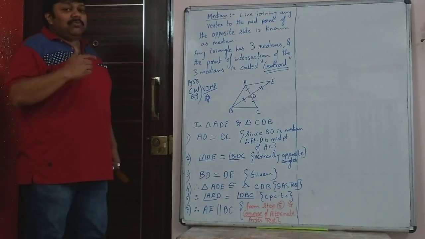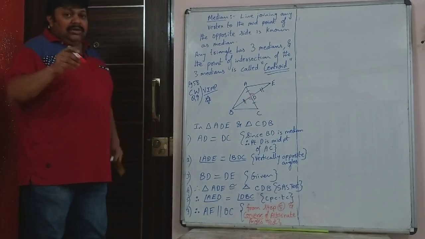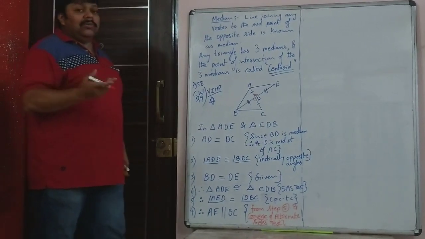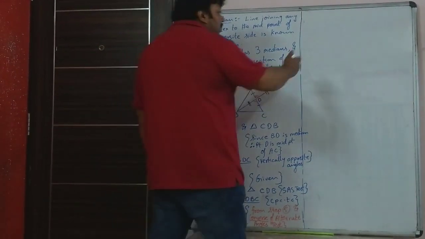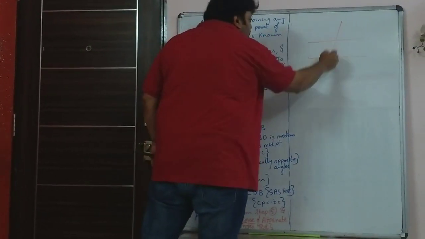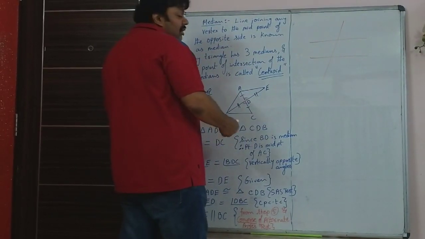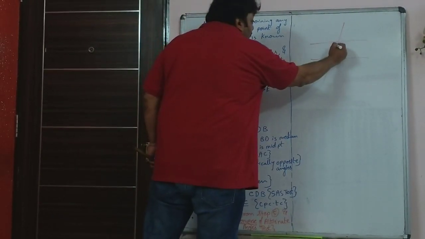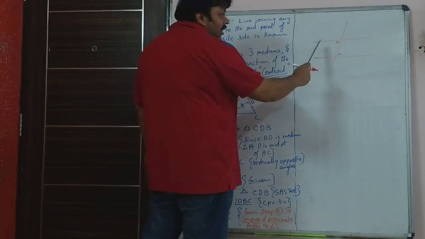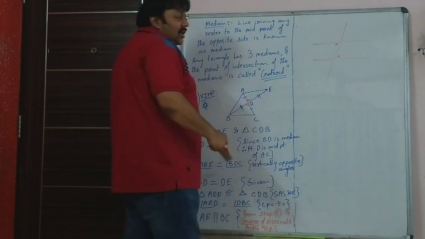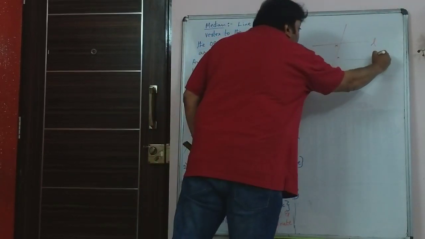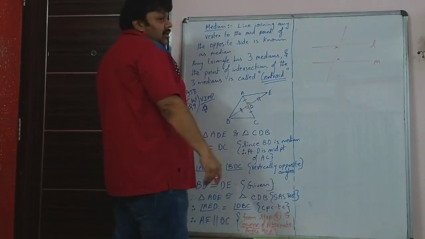Now when you have to prove two lines are parallel, there are three tests which you can use, any one of those three tests. I hope you remember parallel lines, you would have done it in 8th standard. So when you have to prove that two lines are parallel, usually you have a transversal. You can prove that any pair of alternate angles are equal. If alternate angles are equal, angles which form a Z, then you can say those two lines, let's say line L and line M, are parallel.